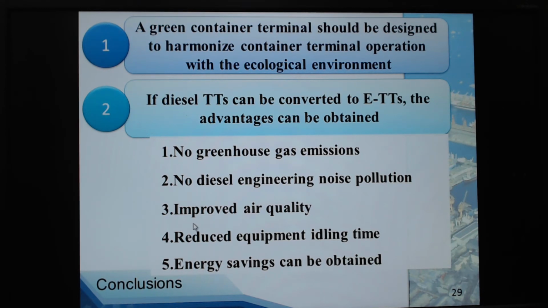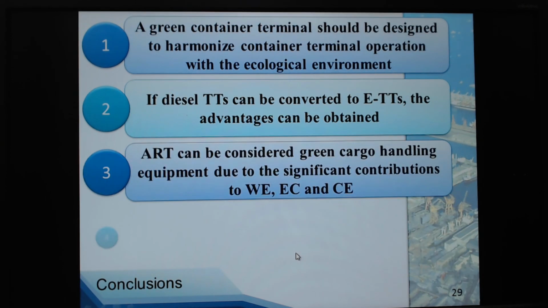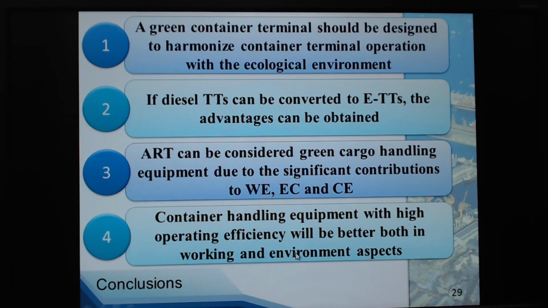Number 3, improve air quality. And number 4 is reduce equipment idle time. And number 5 is energy saving can be obtained. Number 3, the ART can be considered a green container terminal because they have very significant contribution on the working efficiency.